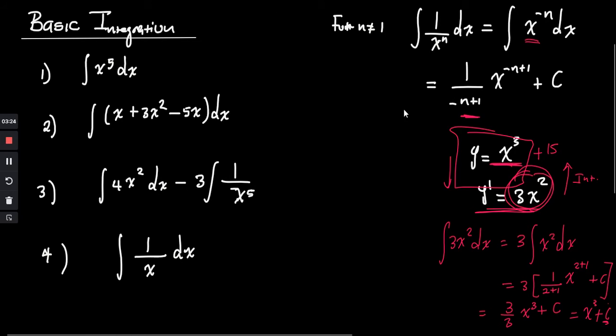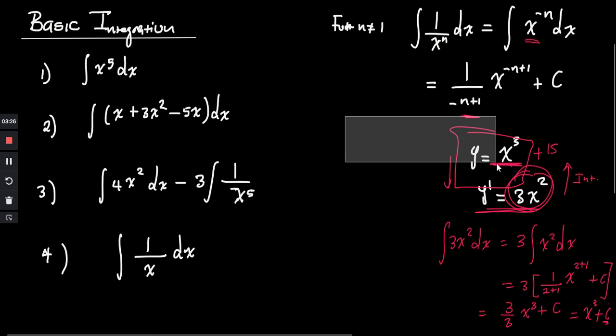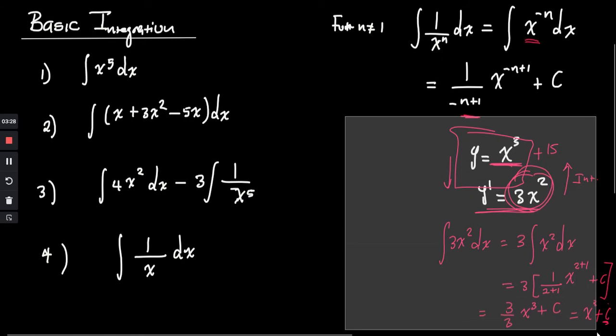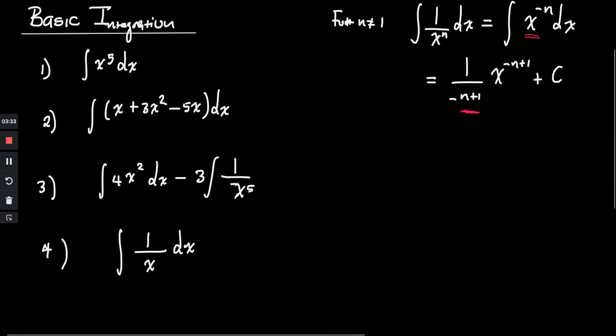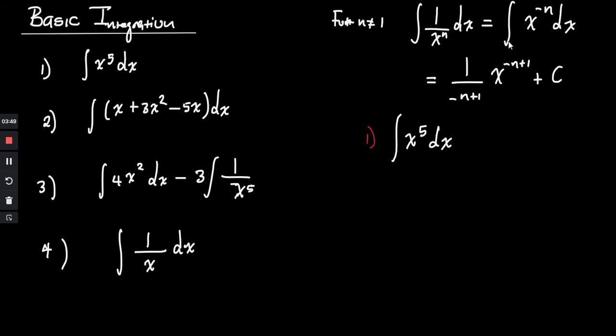So let's look at further examples that we have here. I'm just going to remove this part and then we're going to look at these problems. For problem 1, we have the integral of x to the 5 dx, and it's already in this form.